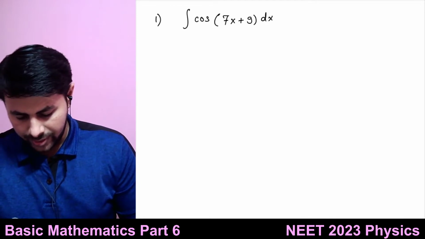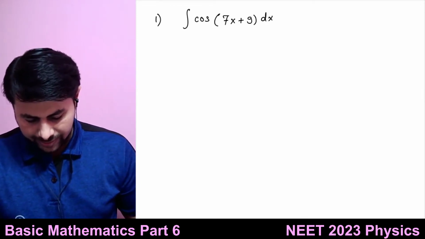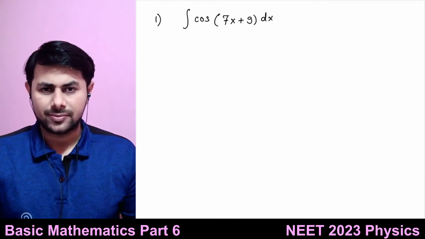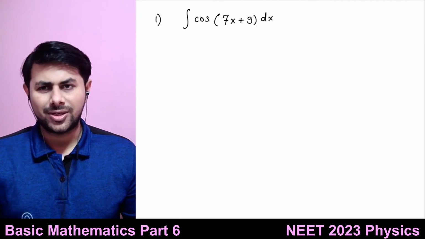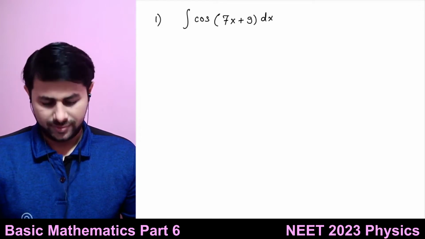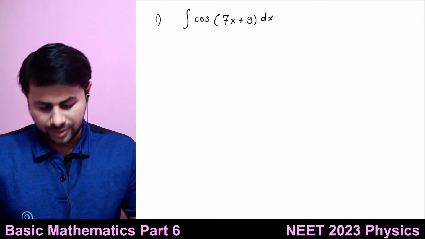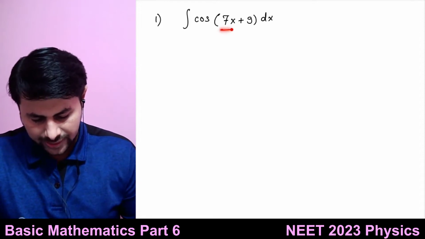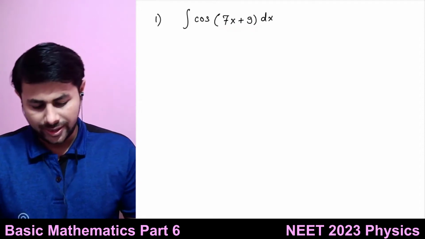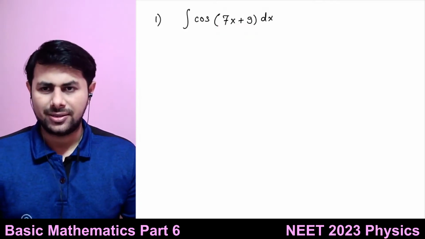So first example now. Who can tell me the answer? What is the integral of cos of 7x plus 9? So what should we do here? I can substitute t in place of 7x plus 9, right?